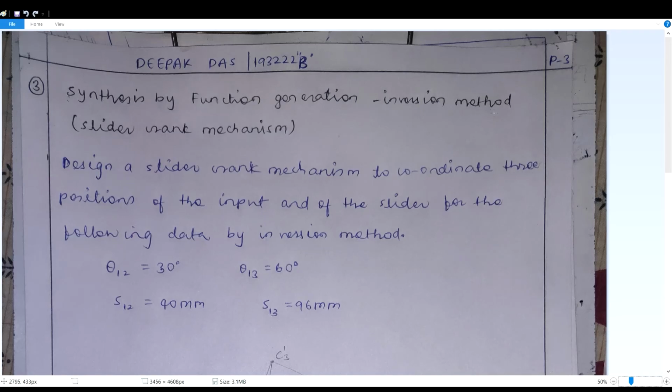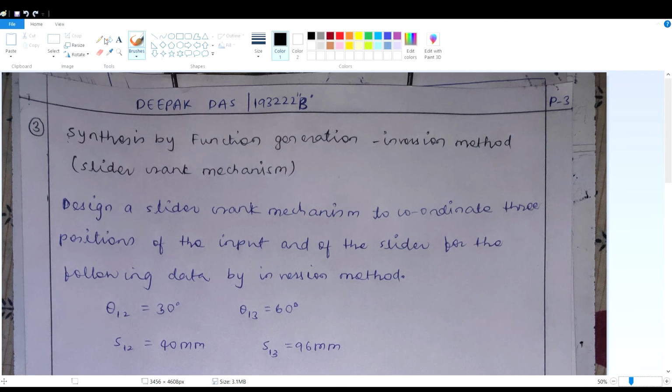Let's start question 3. Question 3 is synthesis by function generation inversion method, slider crank mechanism. In this question, we have to make a slider crank mechanism in which the angle of the first connecting rod is given as 30 degrees and 60 degrees at the second and third points respectively.